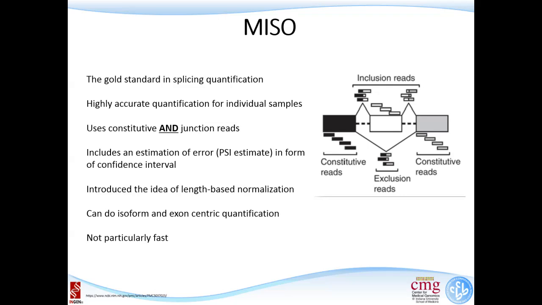So the gold standard in this individual exon quantification is MISO, or the Mixture of Isoforms tool. It's been proven to be highly accurate. And a big advantage is that it uses constitutive and junction reads. And I'll talk about how it does that in a minute.